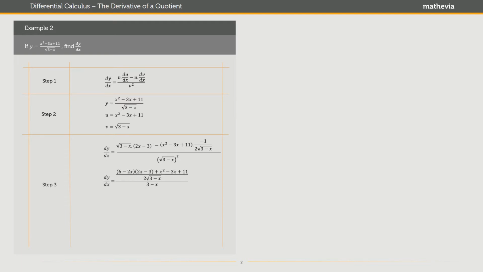Let's see what that is. So we have dy/dx as 6x minus 2x multiplying 2x minus 3 plus x squared minus 3x plus 11 divided by 2 root 3 minus x.